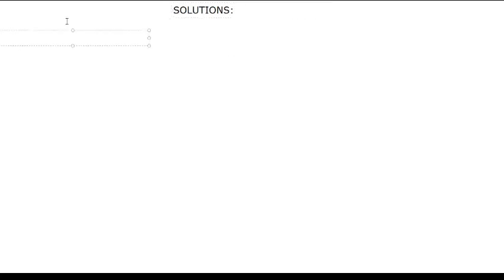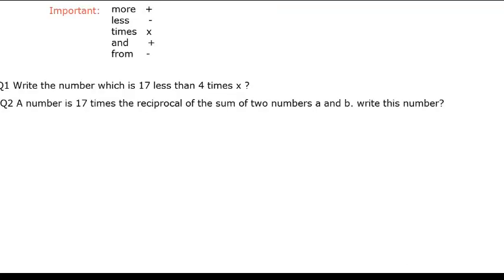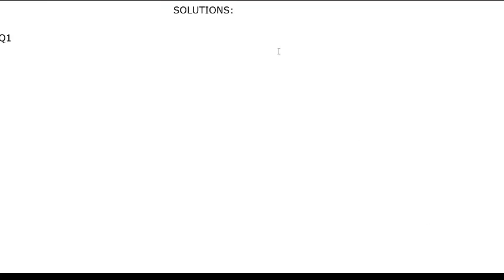For question number 1, what was the question? Oh, I have it written down in my paper. Write the number which is 17 less than 4 times x. Okay, let's see. What does 4 times x mean? Remember the terms.